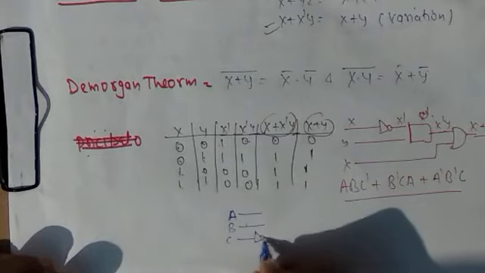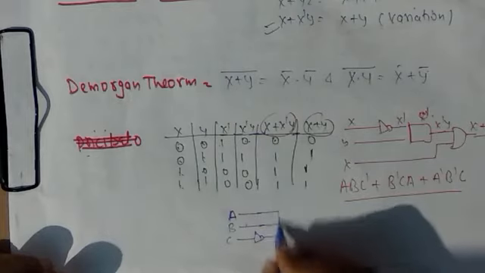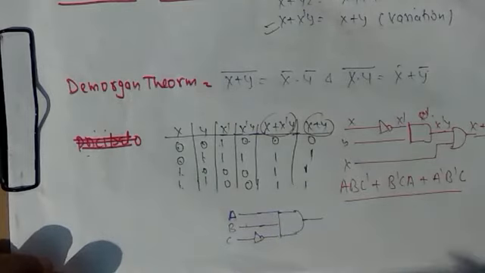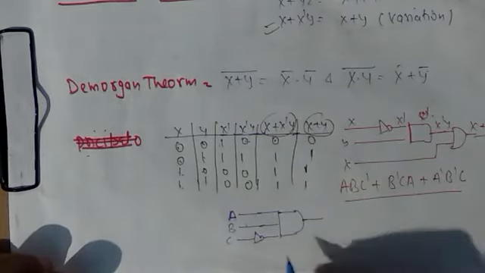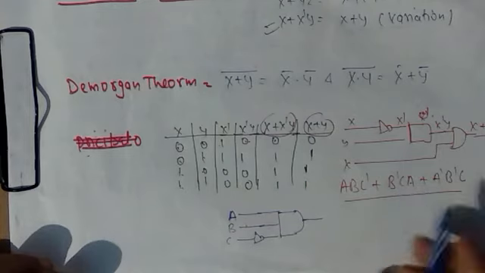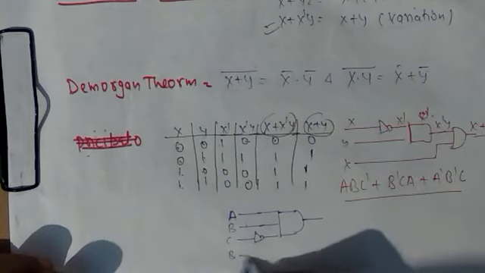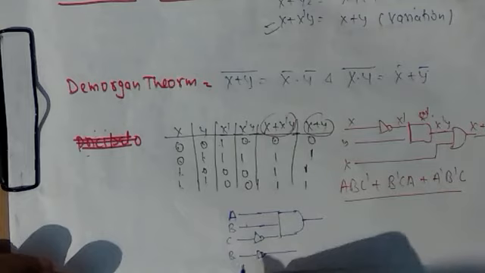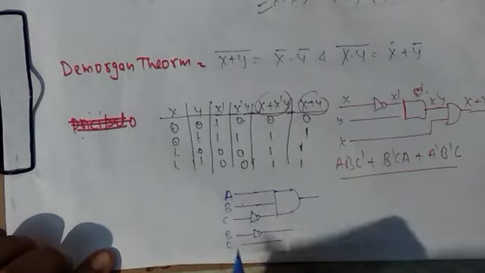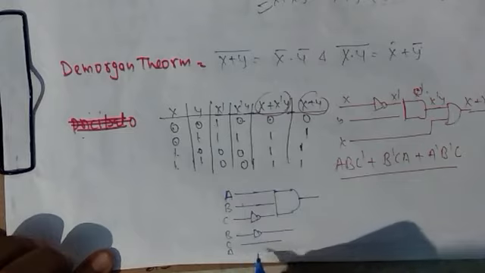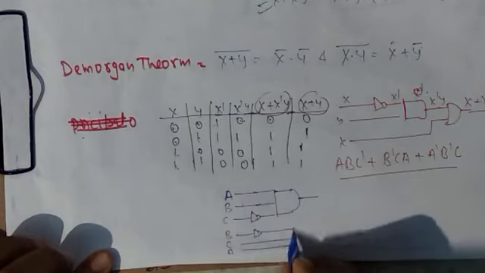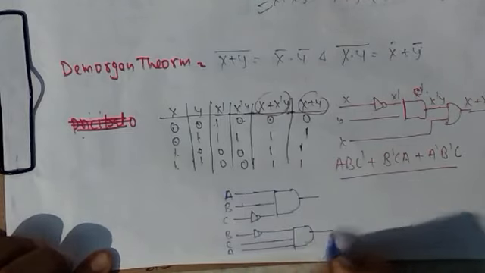For c bar I will use the NOT gate. After that I will do the AND of all three. Next there is b bar c a: I will use b, then NOT b to get b bar, then c, then at the end a. And I will do the AND of these as well.